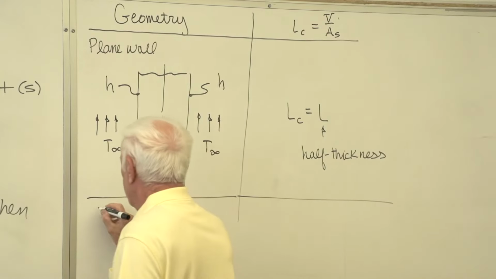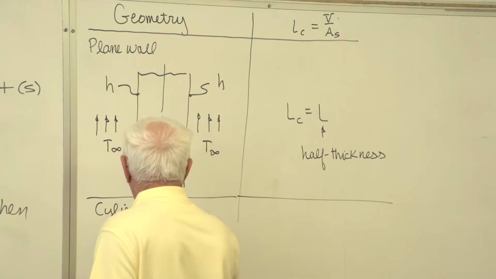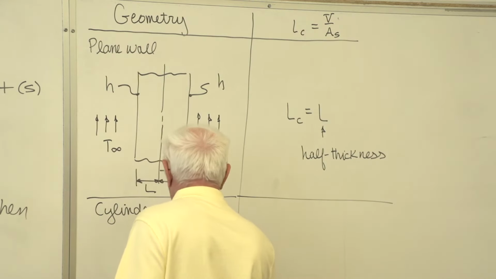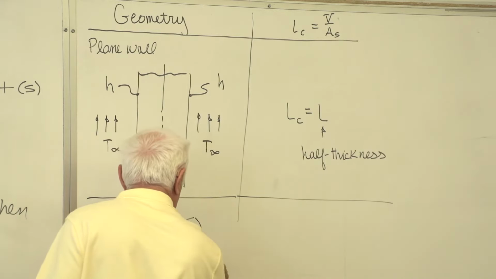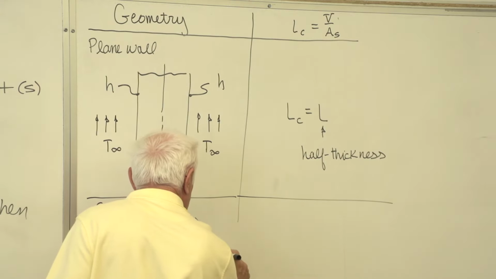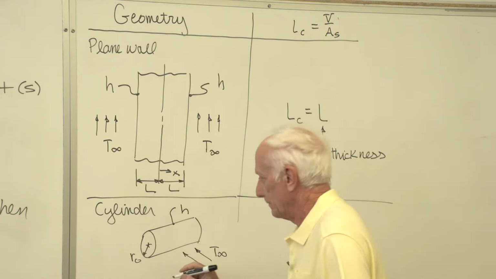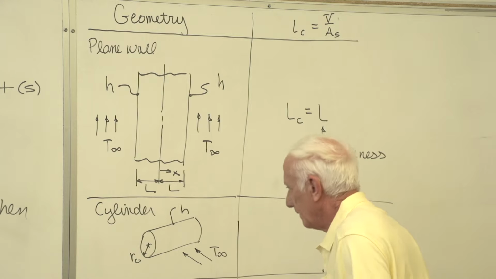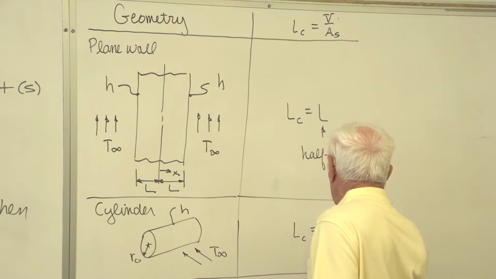Another common geometry is a cylinder whose radius is r naught. Again, it has a fluid blowing over it at T infinity with a convection coefficient of h on the surface. For this case, L sub c equals the radius divided by 2.